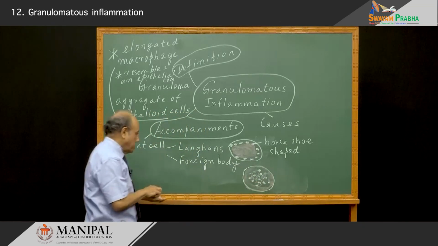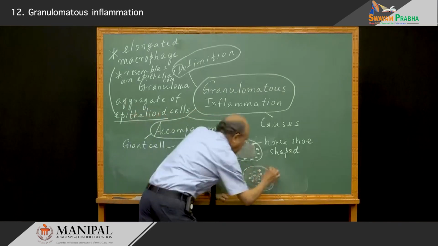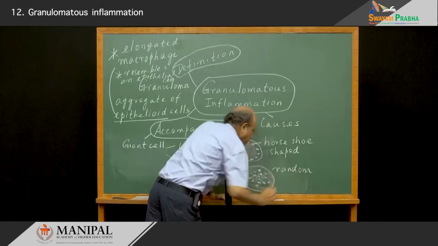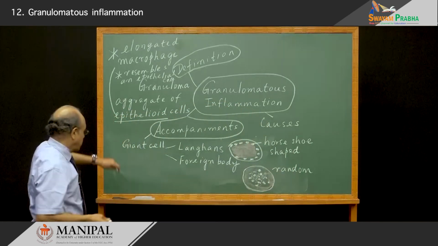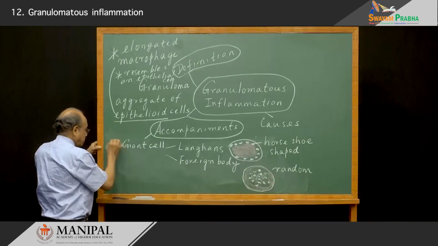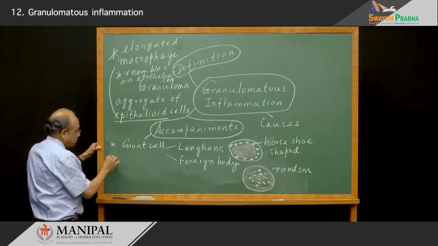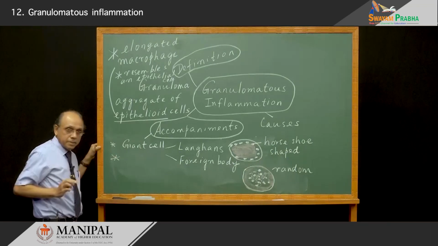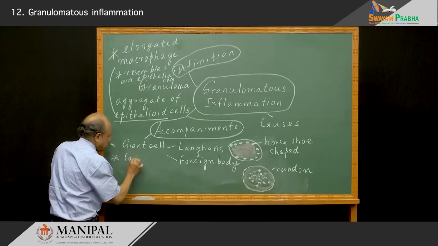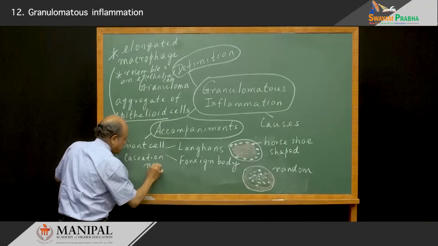So, this is called the foreign body giant cell, with random arrangement of nuclei. So, that is the first accompaniment which is associated with a granuloma. The second accompaniment in a granuloma is caseation necrosis.